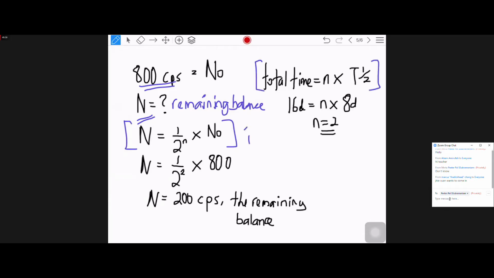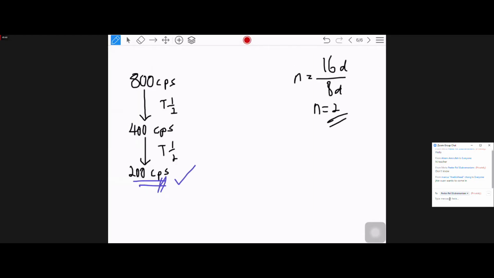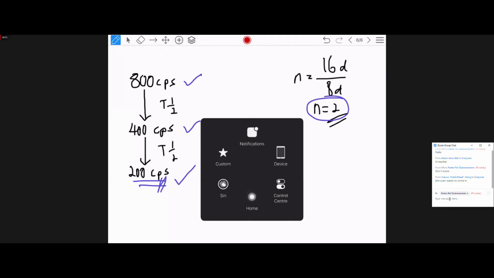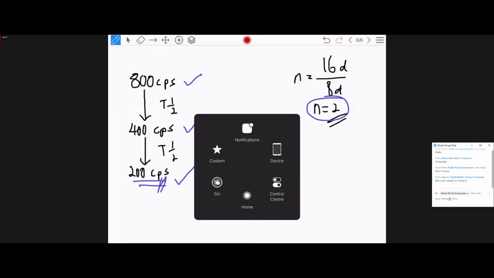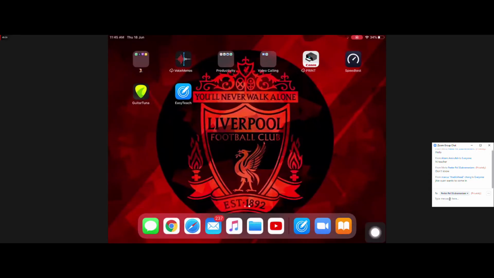There are only two formulas. Use the formula and you get the answer. If you don't use the formula, you directly use logic: 800 drops to 400, 400 drops to 200. That's it. How many times does it have to drop? Twice. Done. Anyone got any questions? If none, we continue.